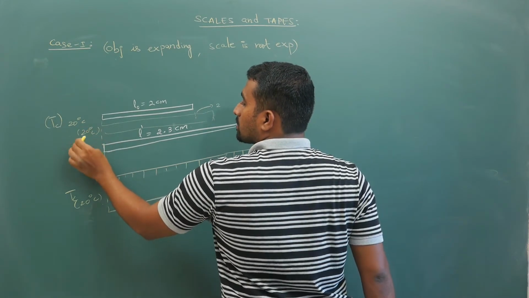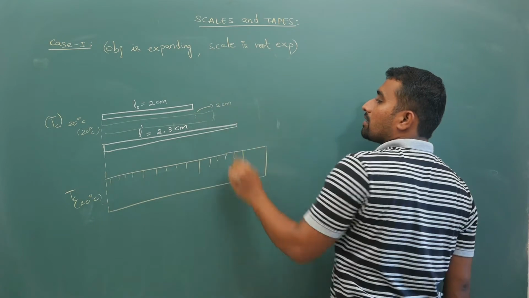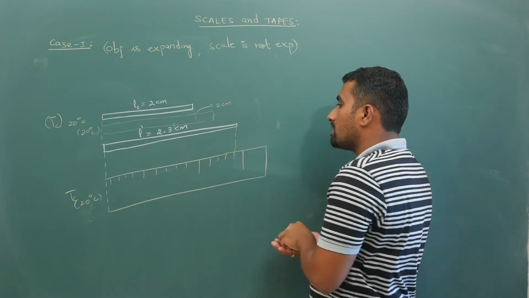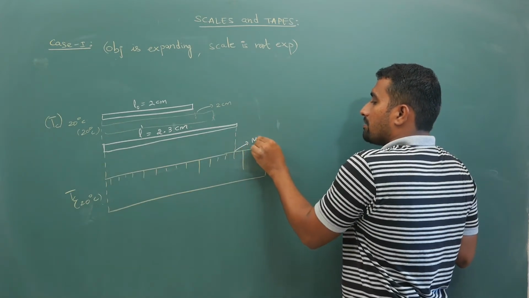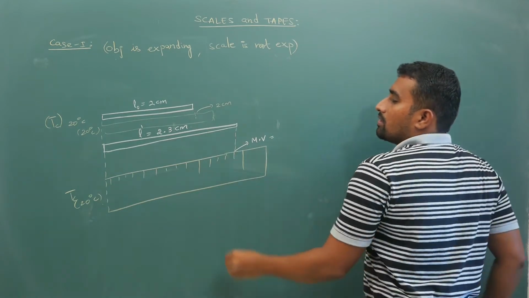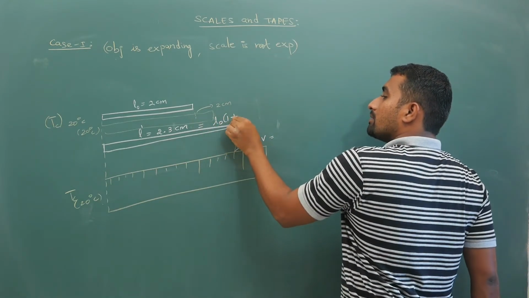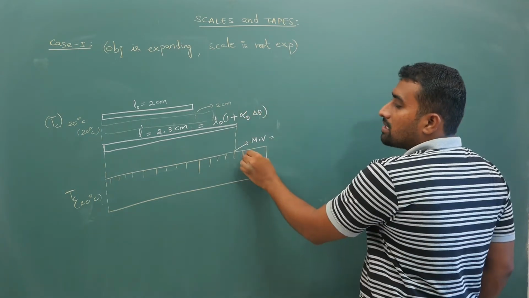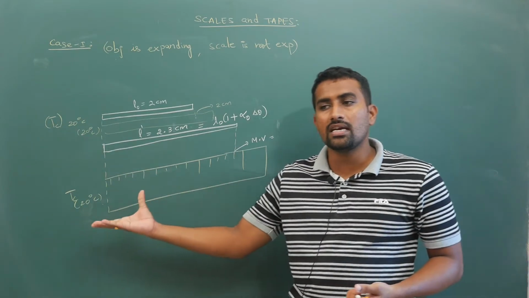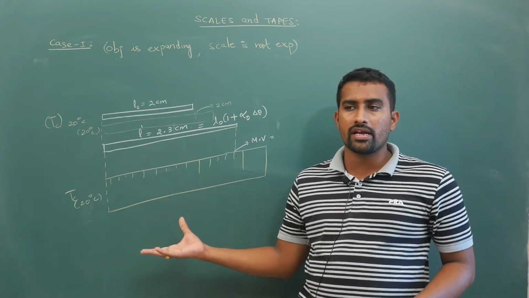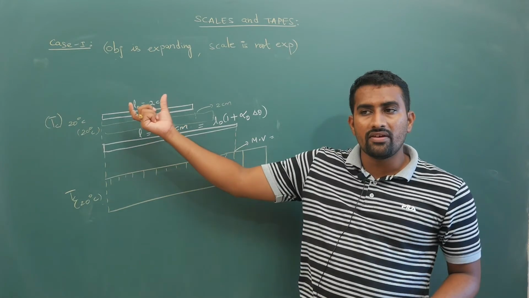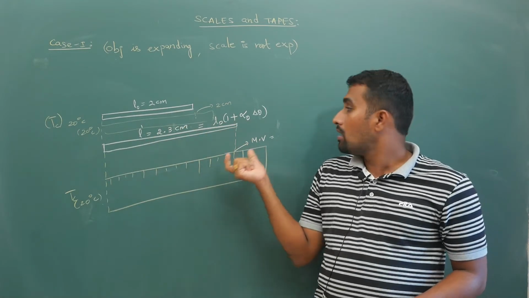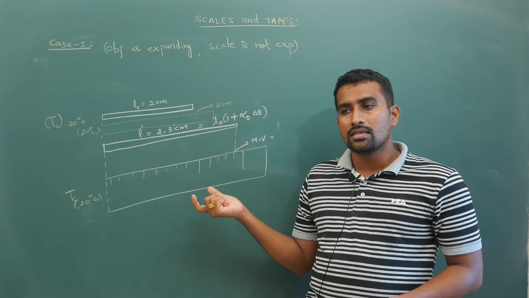After heating, your initial length is L0 and your final length L dash is L0 times 1 plus alpha of object into delta theta. The scale did not expand, so obviously it will show the correct reading. Your measured value and true value are both the same.